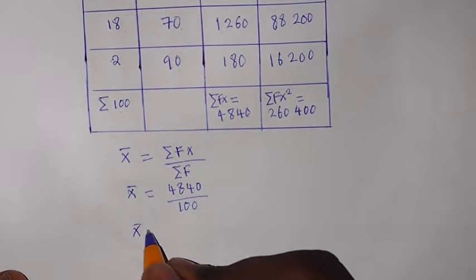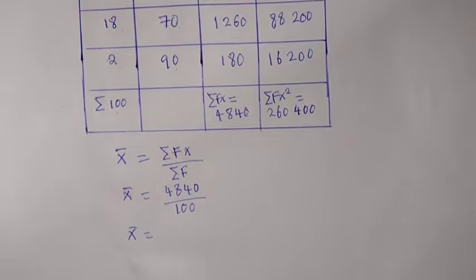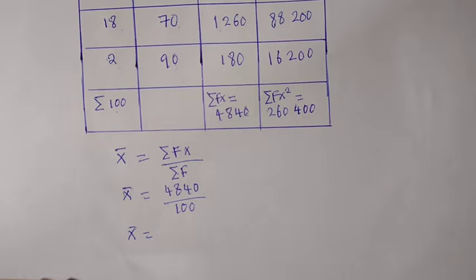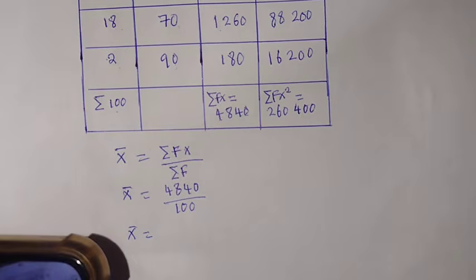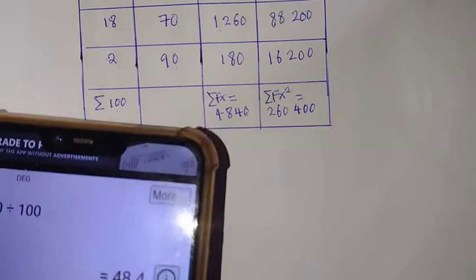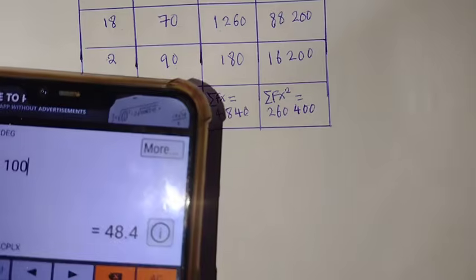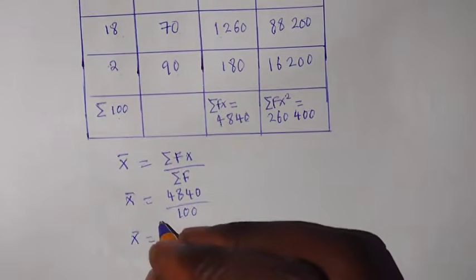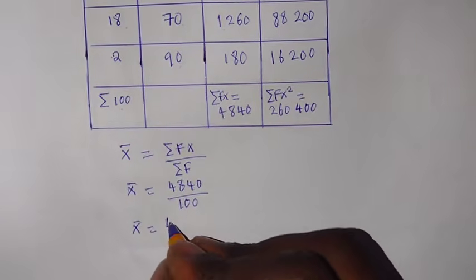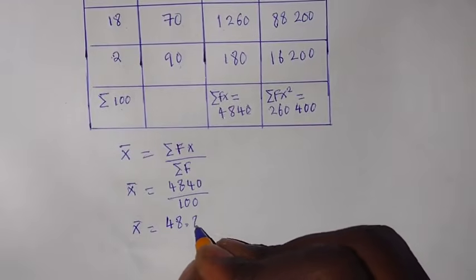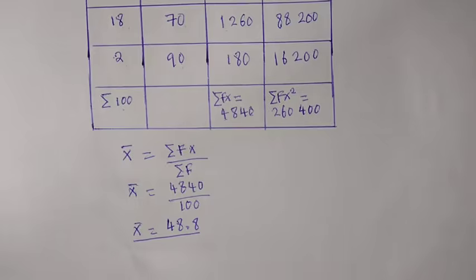So it's just a matter of dividing 4840 by 100. This is the value that you get, 48.8. So just write this value here, 48.8. This is our mean.